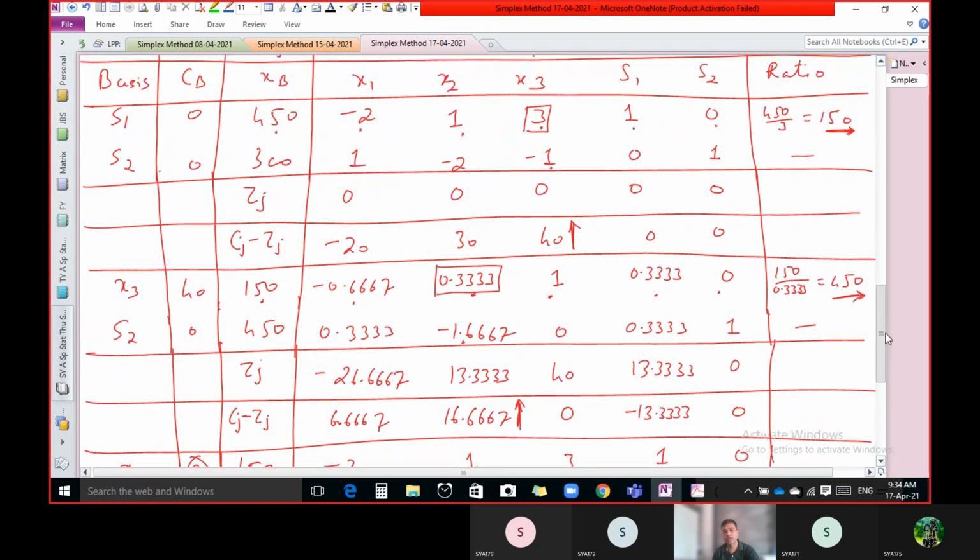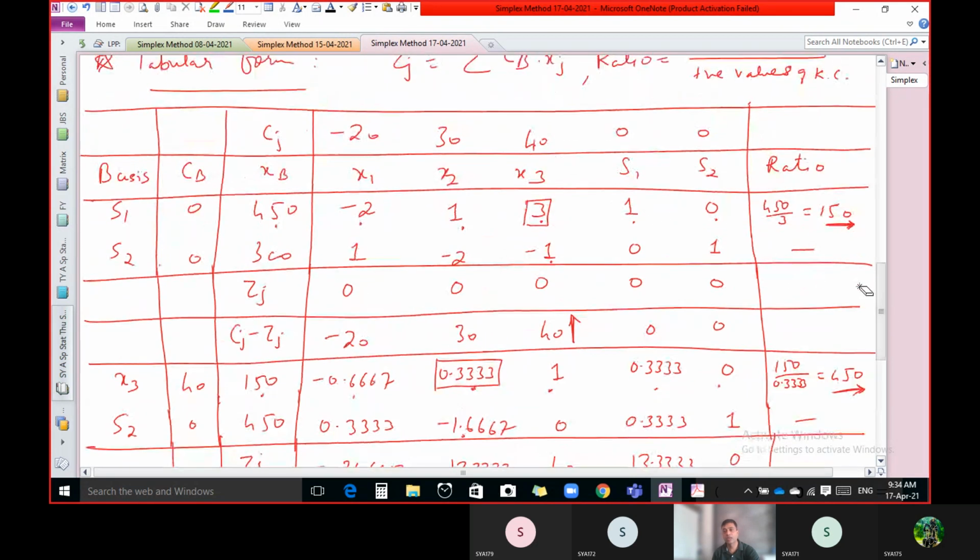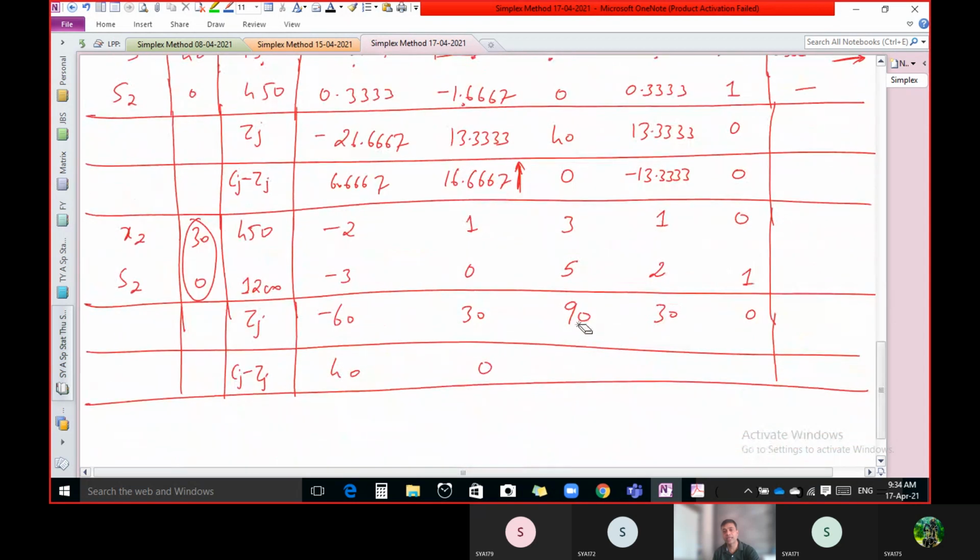Here 40 minus 90, we get minus 50. 0 minus 30, we get minus 30, and here we get 0 minus 0, 0. But still this is positive, so we have to consider this as the key column, and x1 will enter. But see, these two values are negative, that means now nothing is possible.